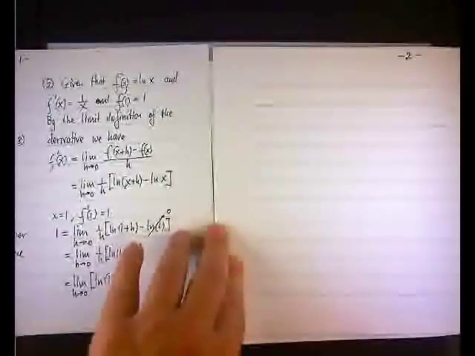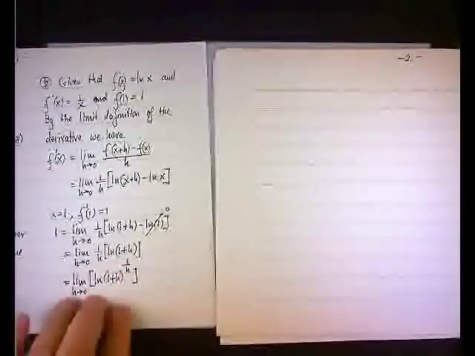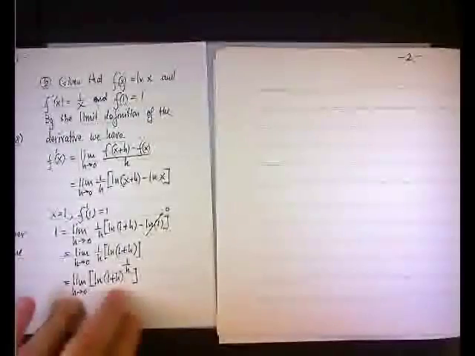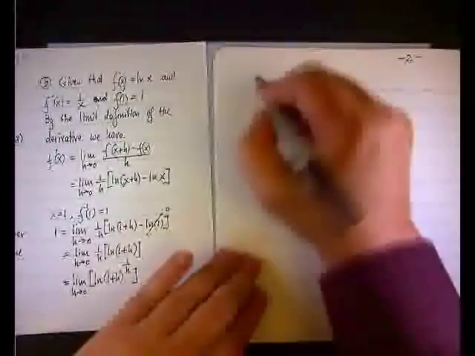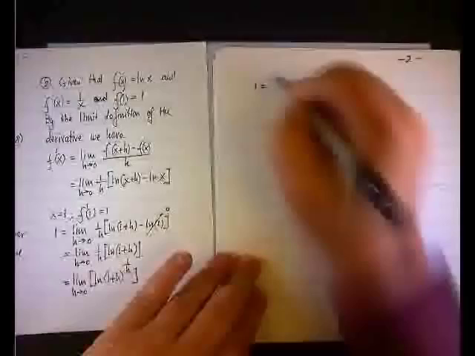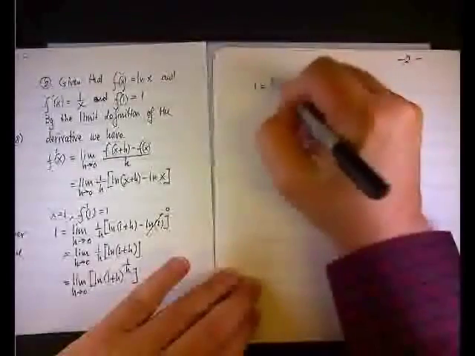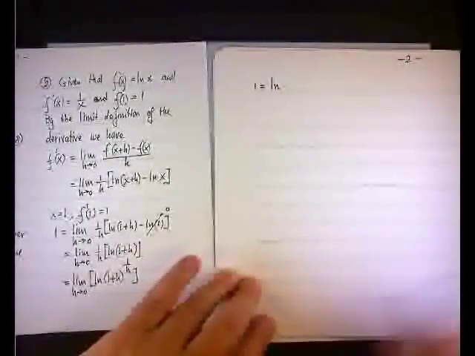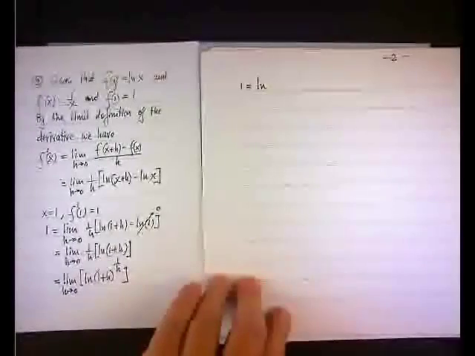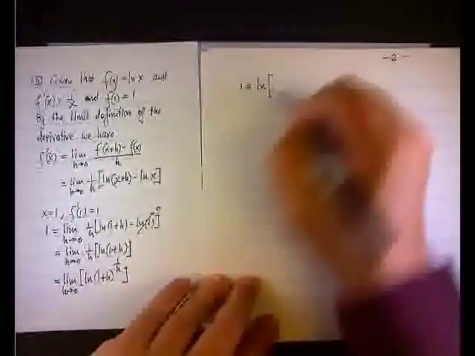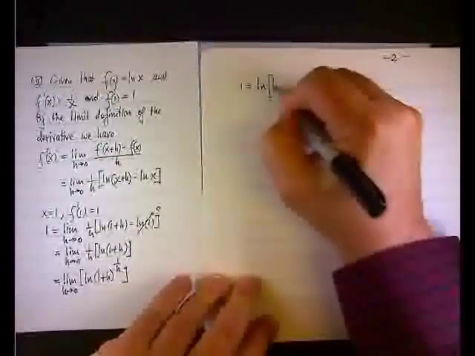In particular, because we have the limit of the natural log, and inside you have g, which is 1 plus h to the power of 1 over h, I can say that 1 equals, and I'll take the natural log outside, and I'll put the limit inside. And that's a property of the limit, one of the properties that we learned at the beginning of the semester. So it will be the natural log of the limit.